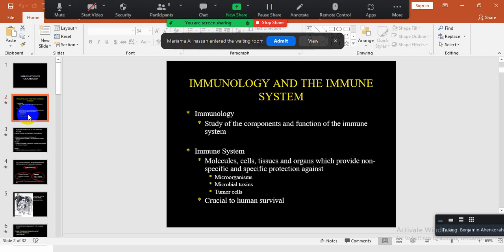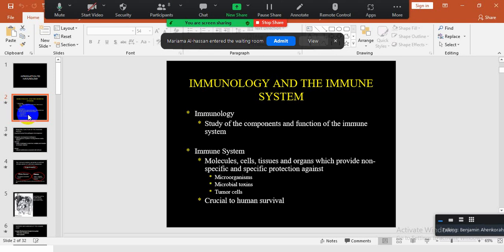So the immune system offers specific protection and non-specific protection. Specific means that for some organisms, like a malaria parasite, specific antibodies will be directed to go and fight the parasite. Then specific antibodies or T cells will be generated to fight HIV viruses. So that is specificity.